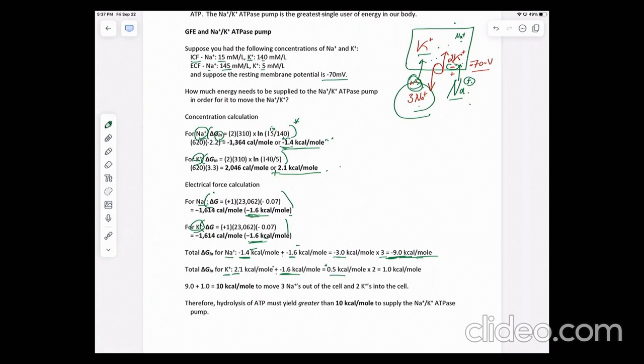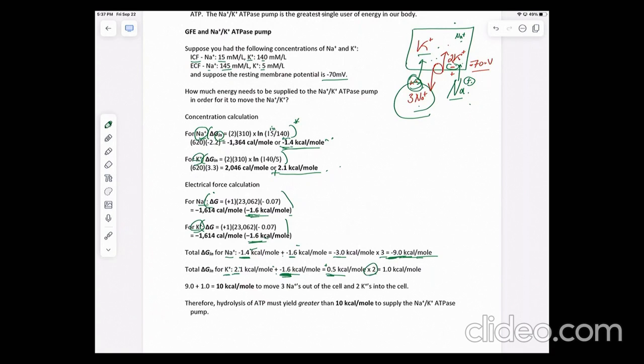So I'm still needing to put energy to move that potassium in, but I'm getting a little bit of help with the electrical part, but I'm still on the plus side, so I'm still going to need a little bit of energy to move the potassium in. And if I want to move 2 potassiums in, then I just simply multiply that by 2.